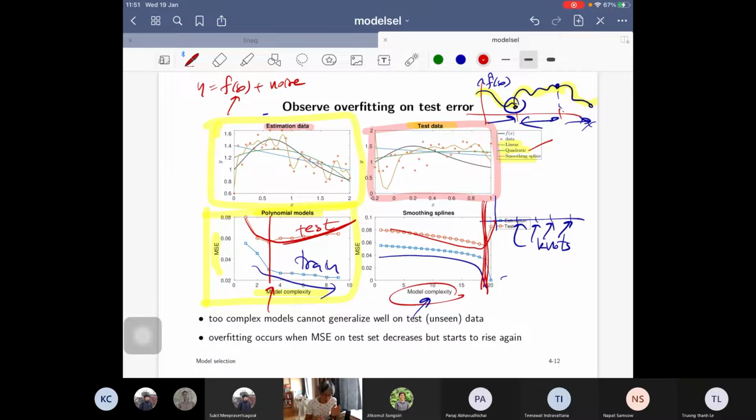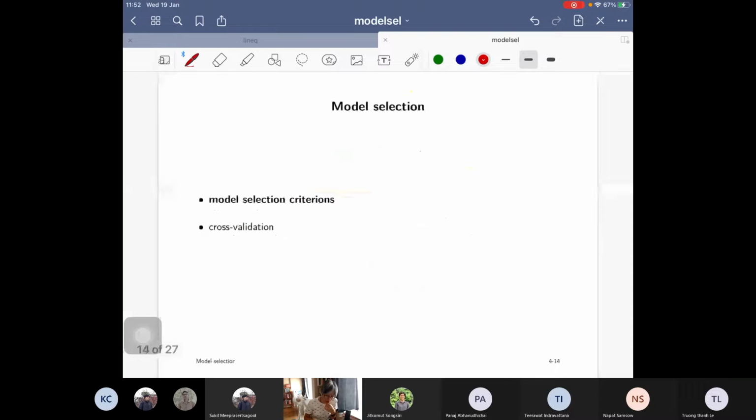Because overfitting basically says that you're using too many parameters just to gain something insignificant in performance. And on the test error, it even says that your model actually doesn't generalize well in the test set, right? That's what overfitting suggests.